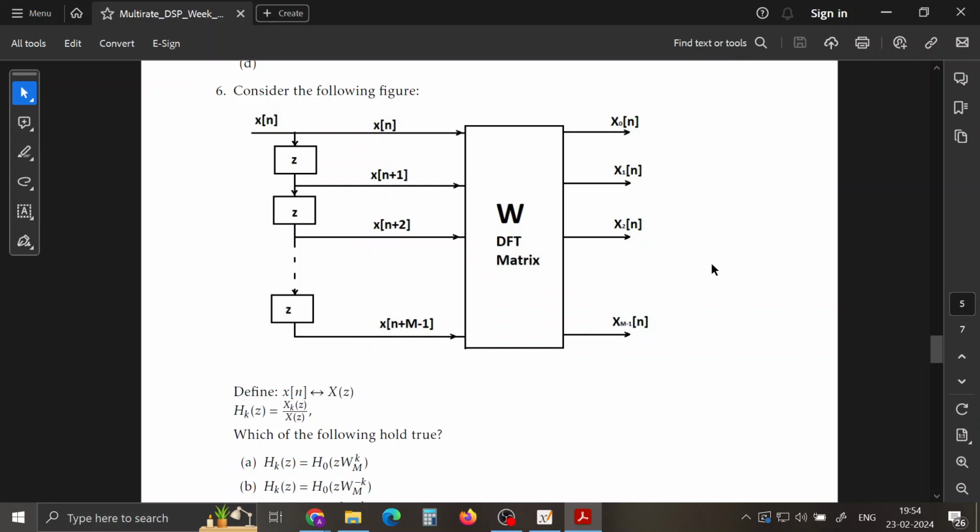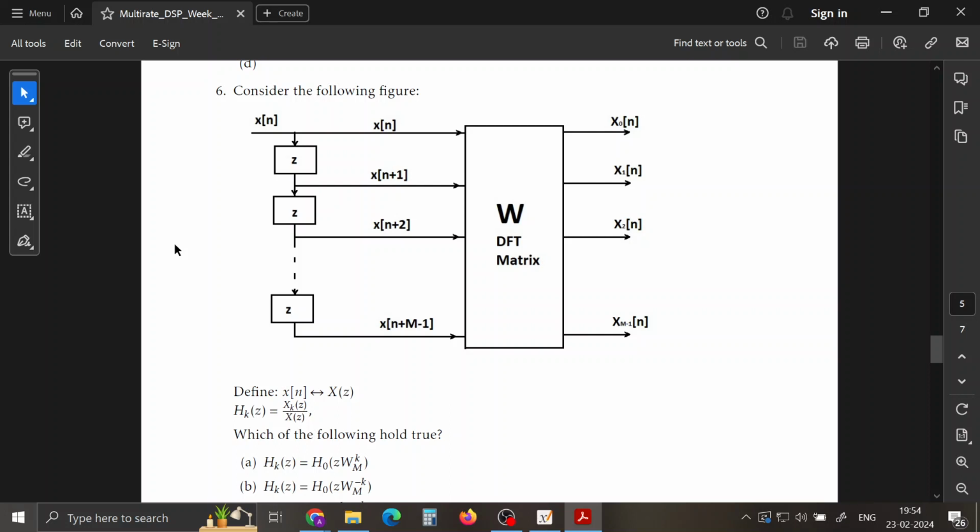On the left hand side we have m minus 1 advance blocks, the Z blocks. Our input is getting advanced by 1 unit successively to the m parallel branches, which are going as input to our WDFT matrix.